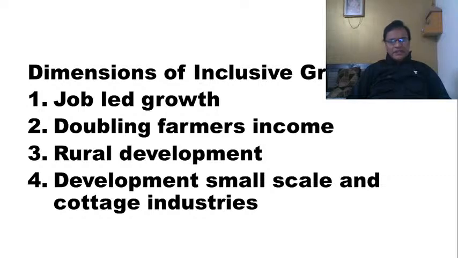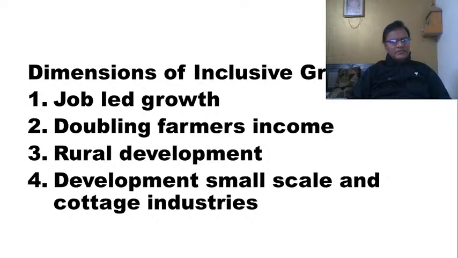What Adam Smith has said is that there is an invisible hand in the economy, in the form of markets and the private sector, that would translate the overall economic growth into inclusive development. Everyone would benefit from this growth. But both this invisible hand as well as the trickle down effect proved to be completely wrong.